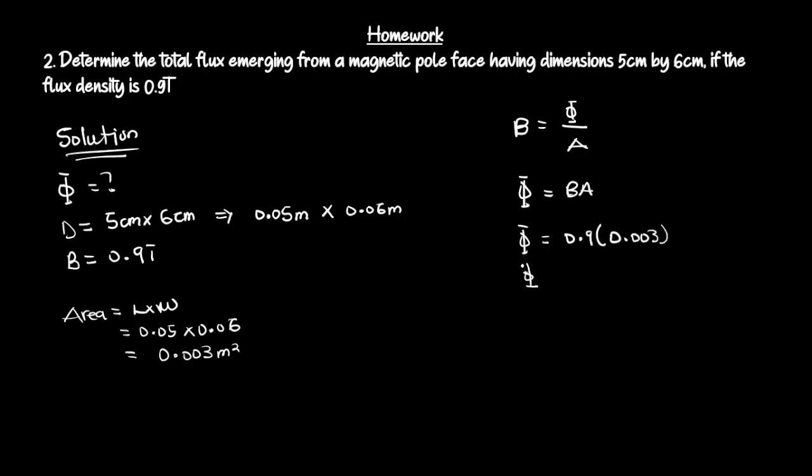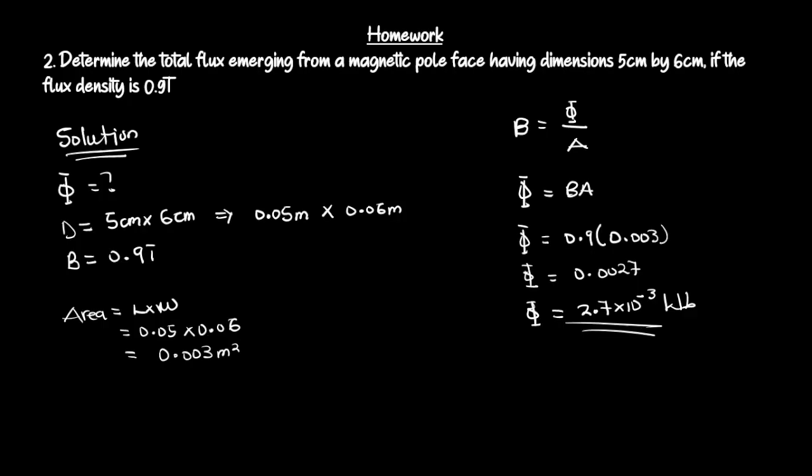So 0.9 multiplied by 0.003 will give me 0.0027, and if I convert that to standard form, I move the decimal point 1, 2, 3 times, so I have 2.7 times 10 raised to the power minus 3 Weber as my answer for this particular problem.